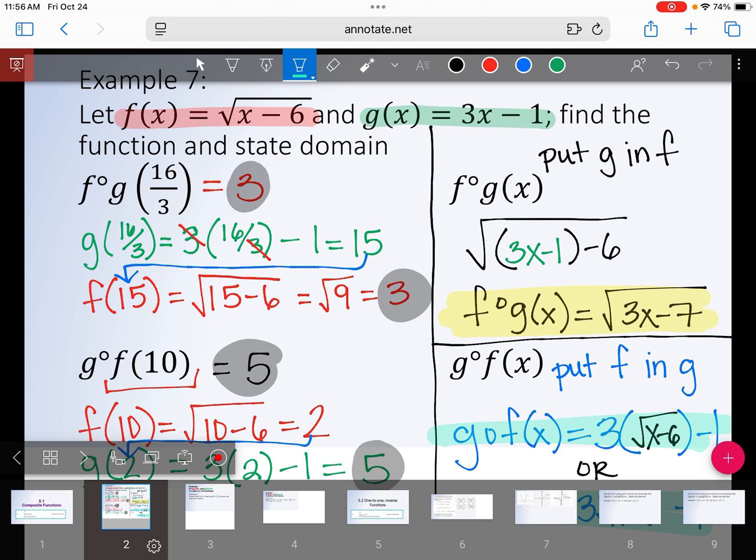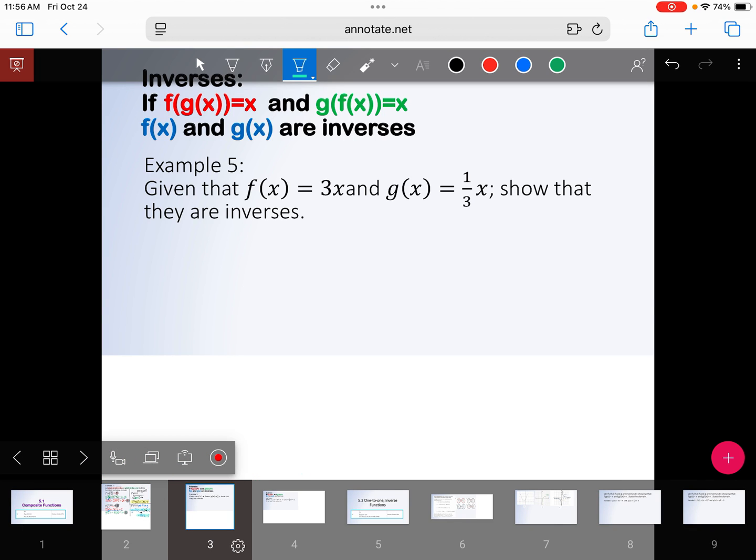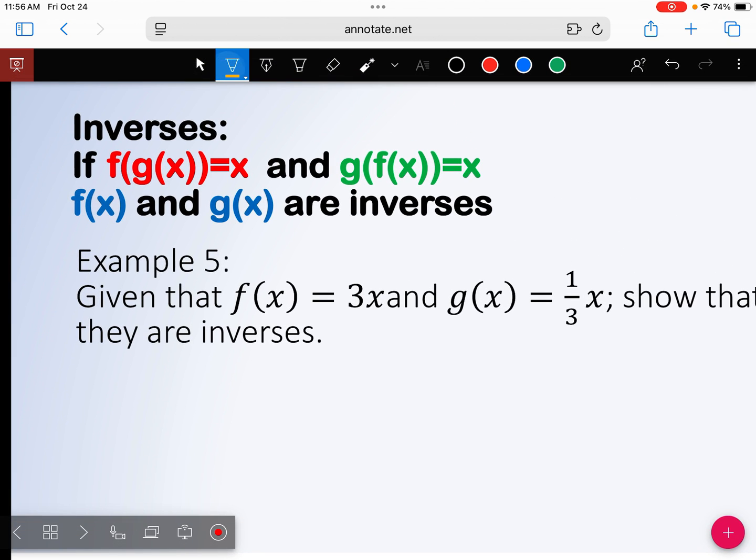All right, so now we're going to go on to example 8. And we're going to talk about inverses.